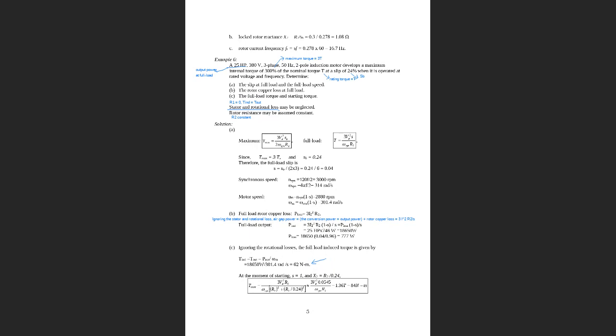No mechanical losses. If there are no mechanical losses, then the induced torque and the output torque are the same, right? Because the difference comes from the mechanical loss.